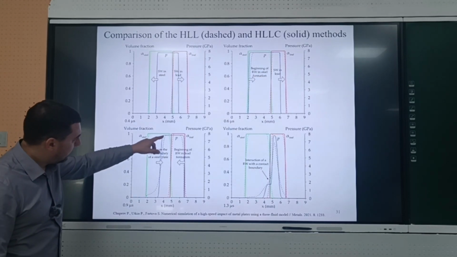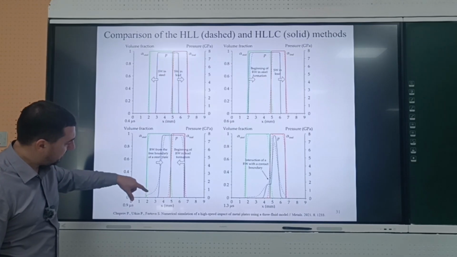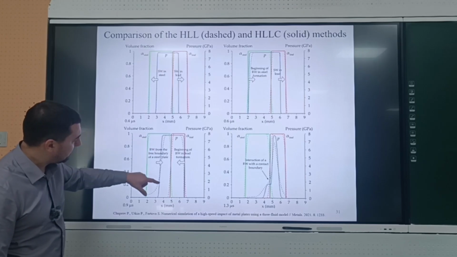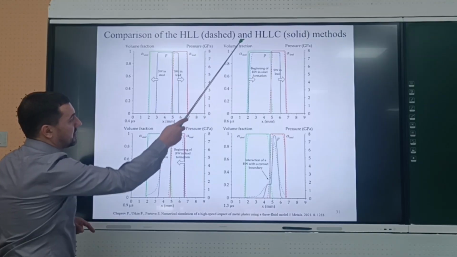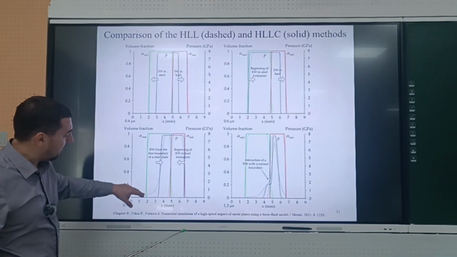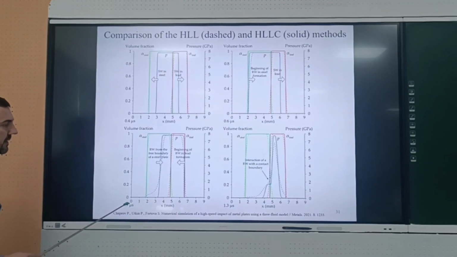And you can see that in the HLL method, this dashed curve, it does not decrease to the initial pressure. But at the same time, this blue solid curve corresponds to the reflection wave in the simulation using the HLLC method. It's okay. You have the decrease of pressure down to initial values.